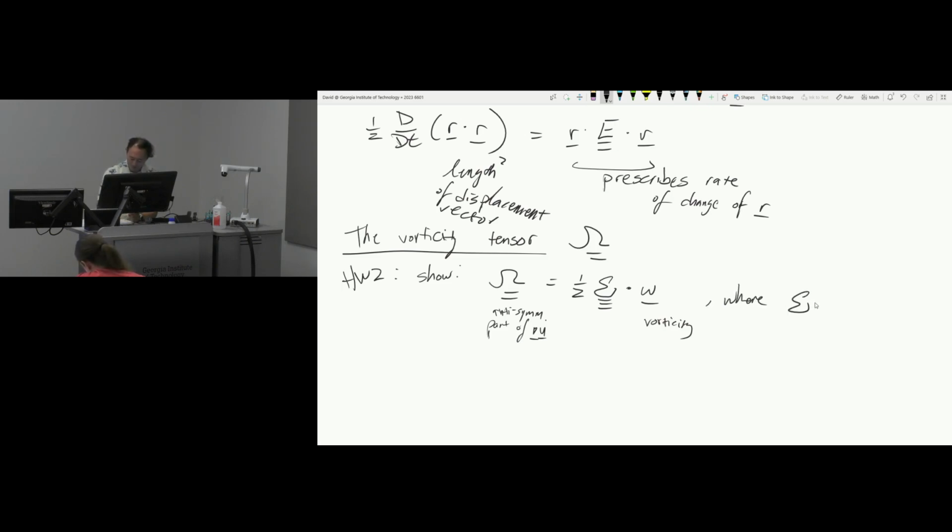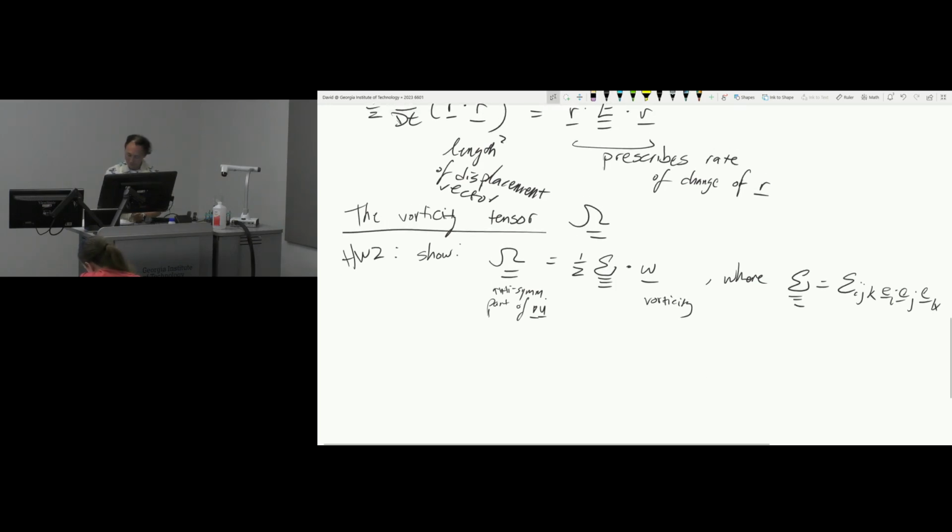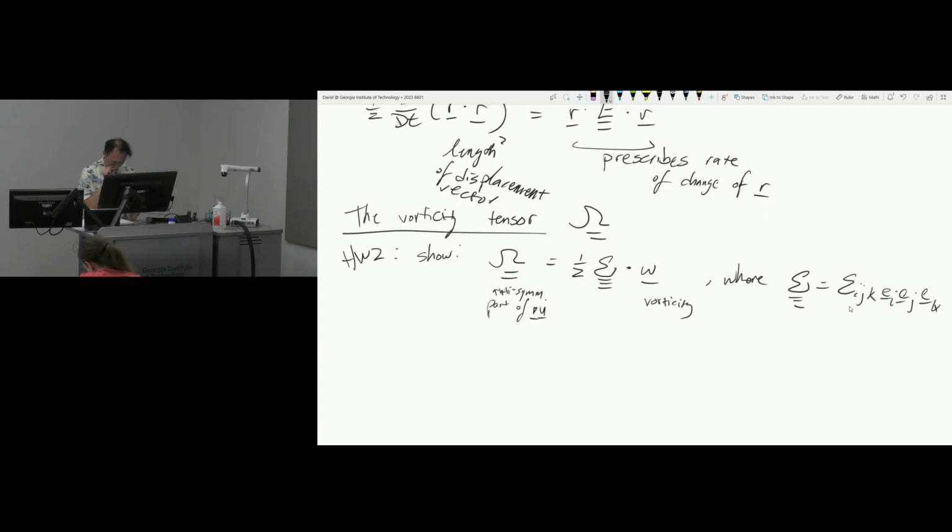Big sigma does not have any information. It is just a bunch of plus ones and minus ones according to the following notation, where we have the permutation symbol e_i, e_j, e_k. Just like epsilon ijk has 27 different values, this big sigma will be populated with those things. This is the permutation symbol as before.